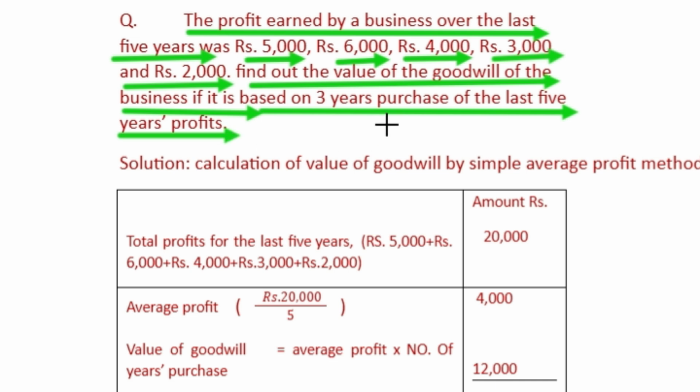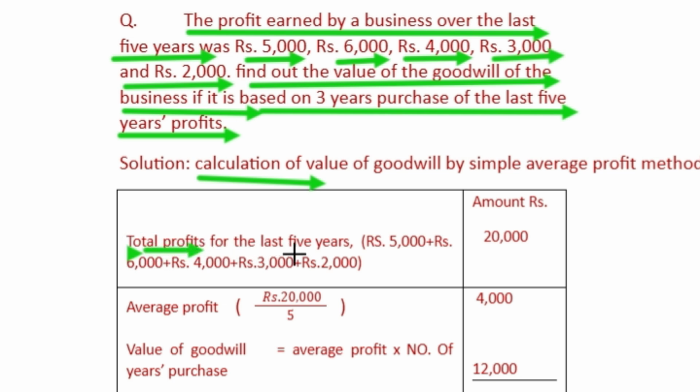So the last 5 years' profit is taken as a base for calculation of the value of goodwill, and the solution is the calculation of value of goodwill by the simple average profit method. The following steps are to be followed for calculating the value of goodwill under this method.